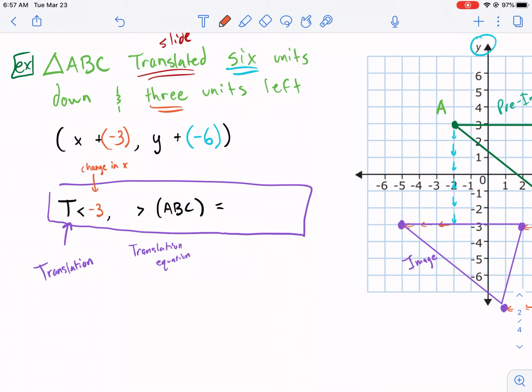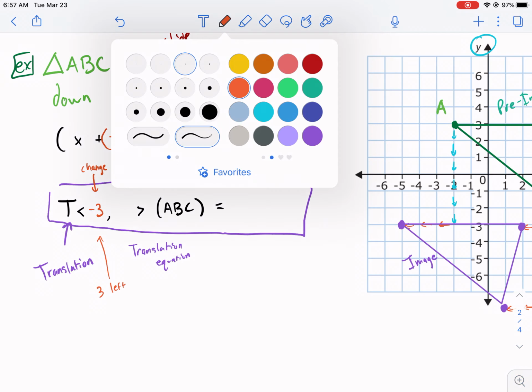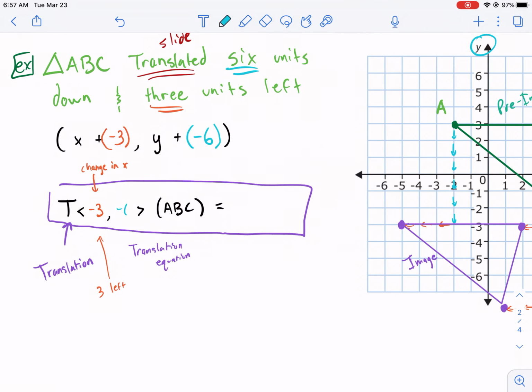Okay, so that is 3 left. Here we put -6 because this is our change in y. For each point, for each vertex, remember, each one's going to be the same. Change in y. So this is 6 down, as we've talked about.